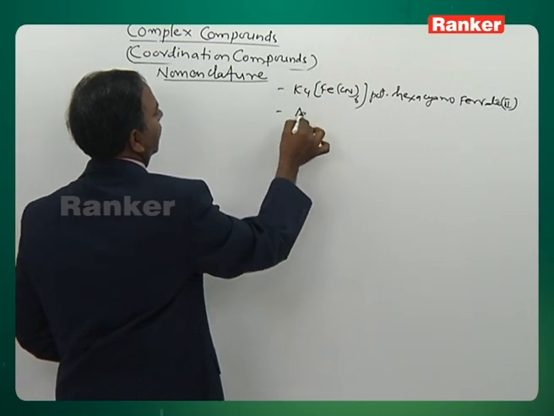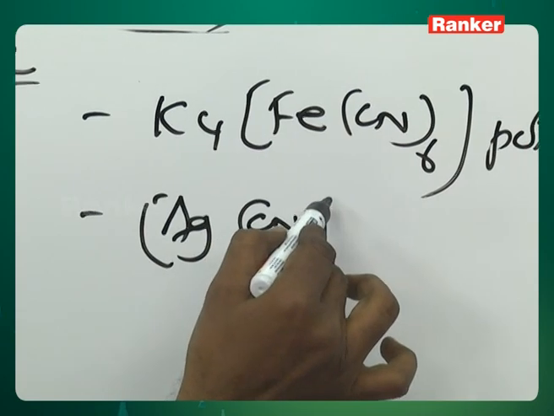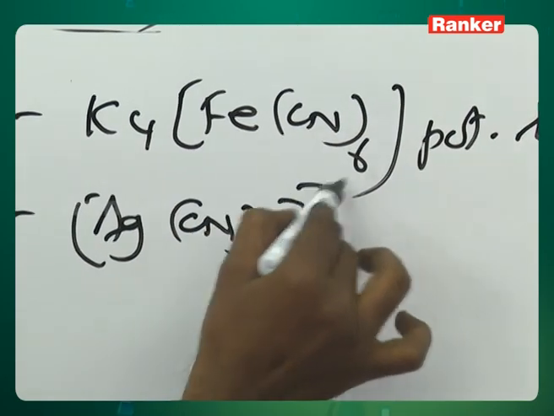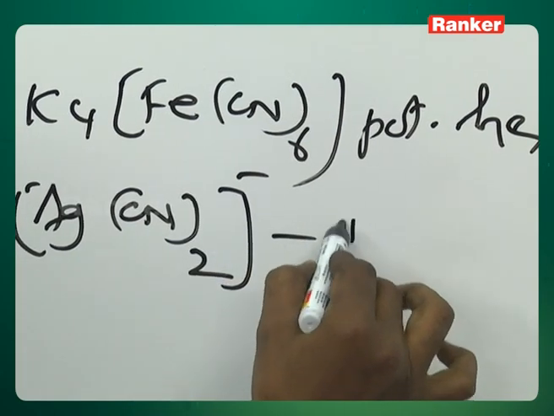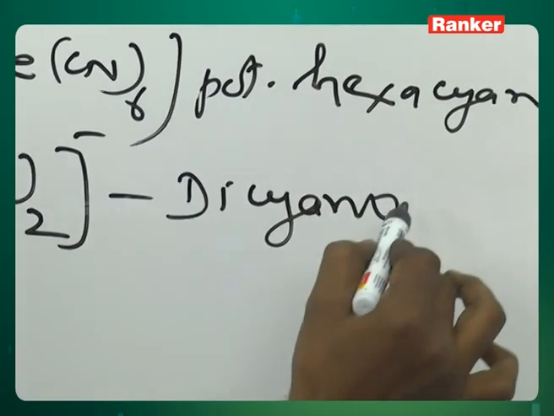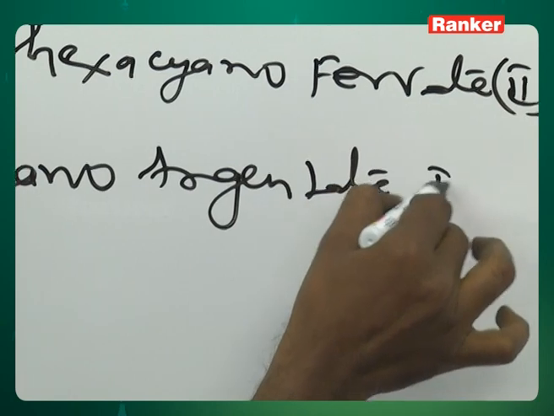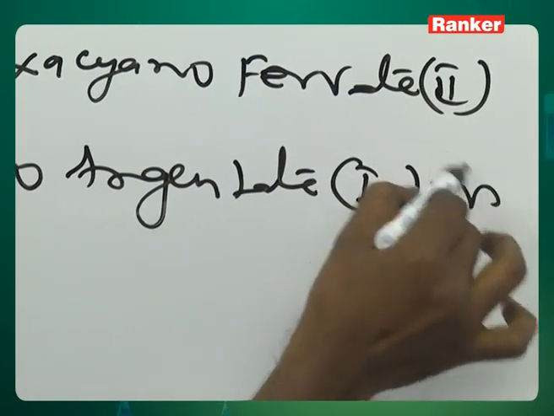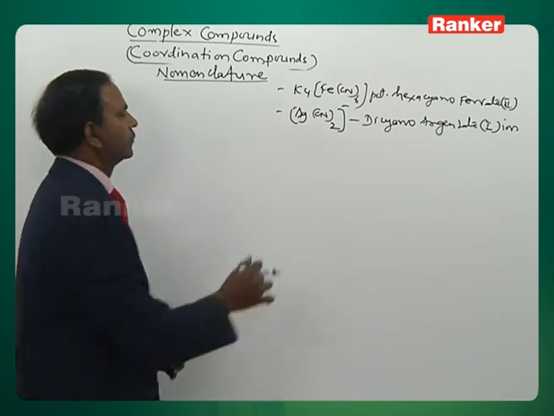Second one, [Ag(CN)2]−, dicyanoargentate(I) ion, dicyanoargentate(I) ion.